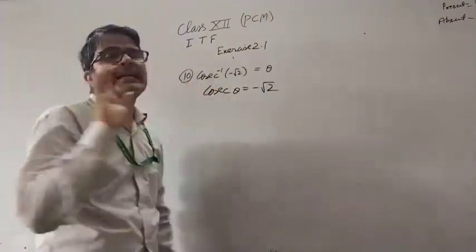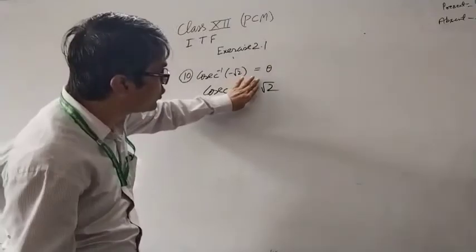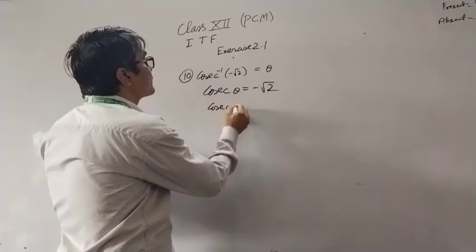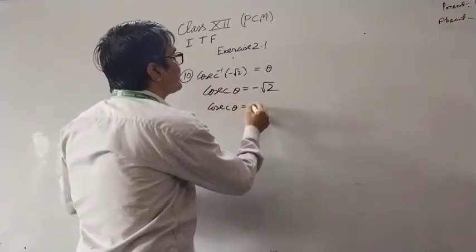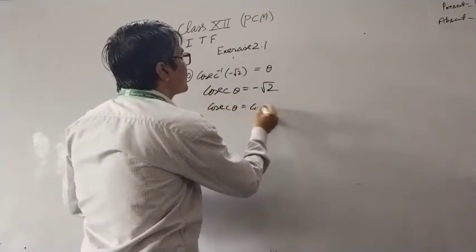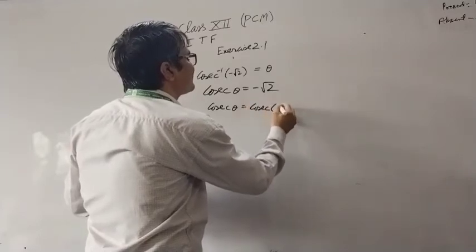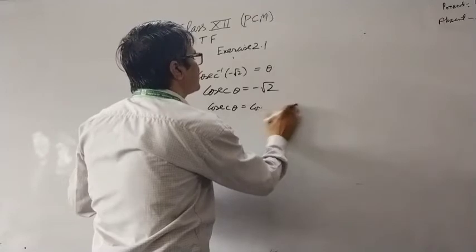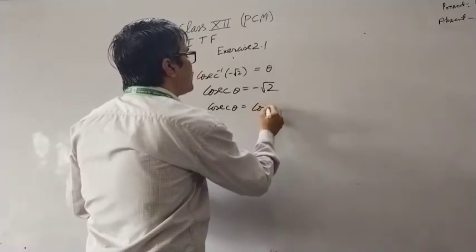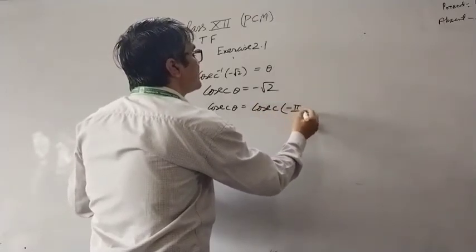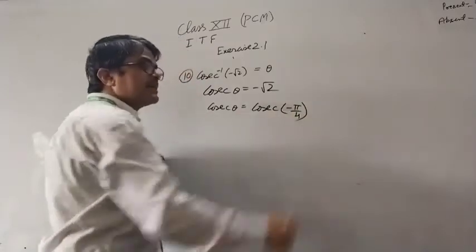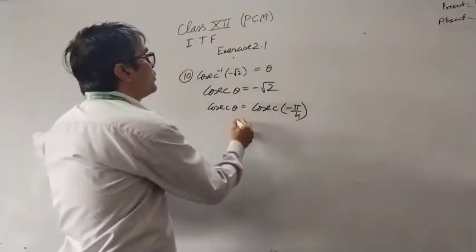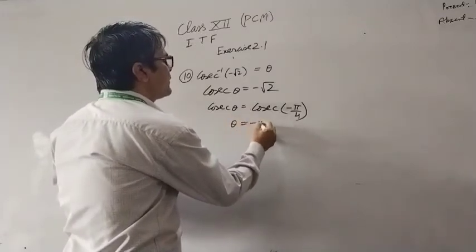So for what angle is cosec theta root 2? Pi by 4. Negative possible? Yes, sir. Range is minus pi by 2, pi by 2. So theta is equal to minus pi by 4.